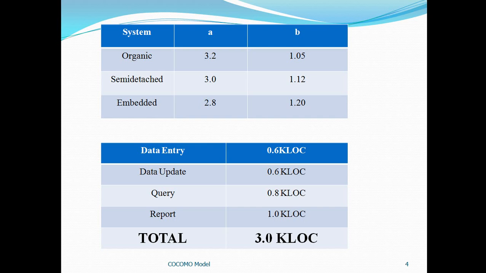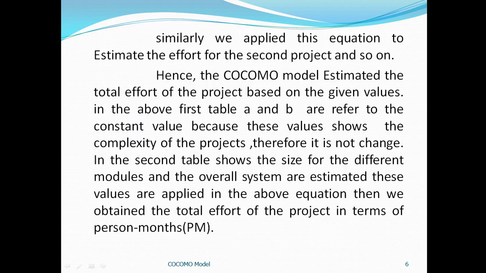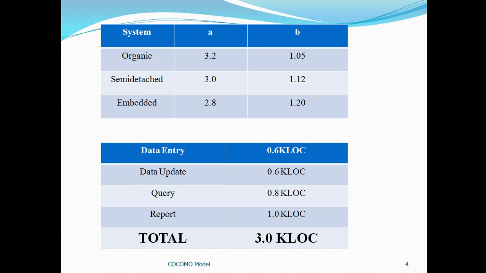The organic values A and B do not change, they are constant for all projects, and the size may be varying. Okay, the size of the project may be varying. Here the size of the project is 3.0 KLOC, and for semi-detached the complexity is different, right?